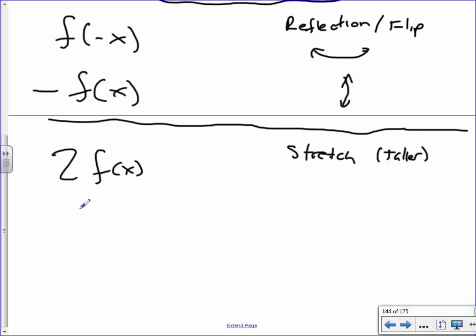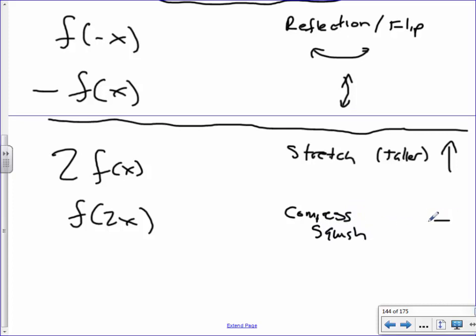What if I did f of 2x? Makes it longer. No, actually, the 2 squished it in. So this one right here made it taller that way. This one right here did a compression, is probably the better word I could use. That'll work, squish.